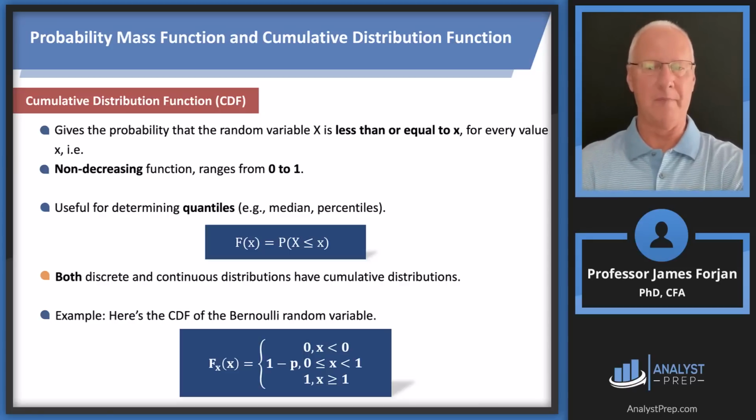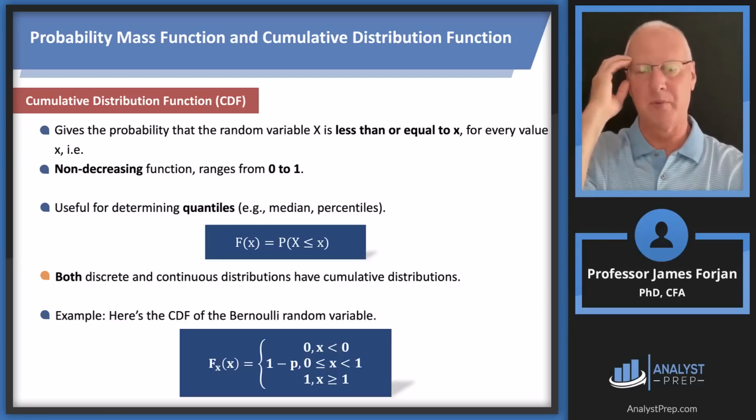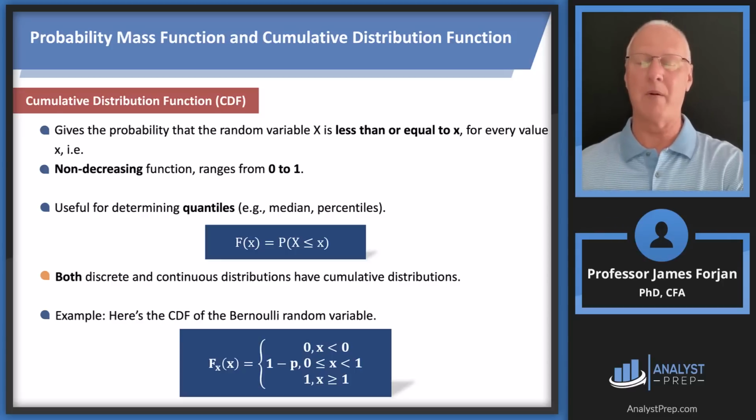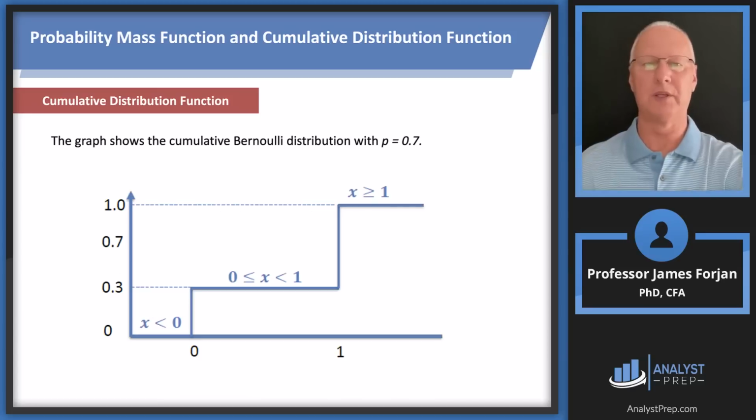So if we look at the very bottom, we can look at the cumulative distribution function for the Bernoulli random variable from the previous page, and there's the 0, there's the 1 minus p, so there's that probability of success, and there's the 1. And by the way, of course, look at that orange teardrop point. Both continuous and discrete have cumulative distributions. So here's this Bernoulli picture.